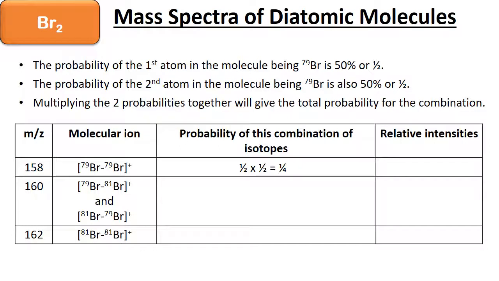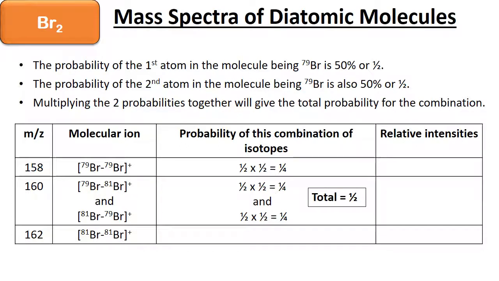The other possibility is bromine 81 as the first atom and bromine 79 as the second atom in that molecule. So we have to add together the individual probabilities for that one. So for the first combination, 79-81, we have 1/2 times 1/2 giving us a quarter, and for the 81-79 combination we've also got 1/2 times 1/2 giving us a quarter. Now if we total that up, that gives us a probability of 1/2 in total.